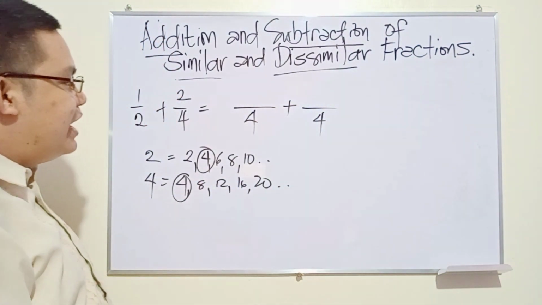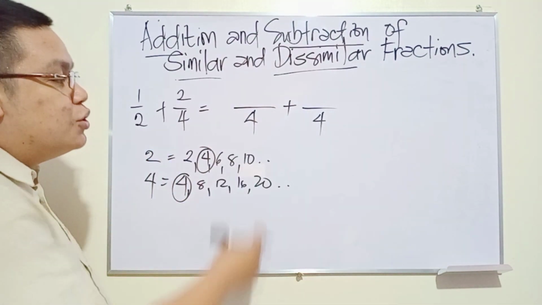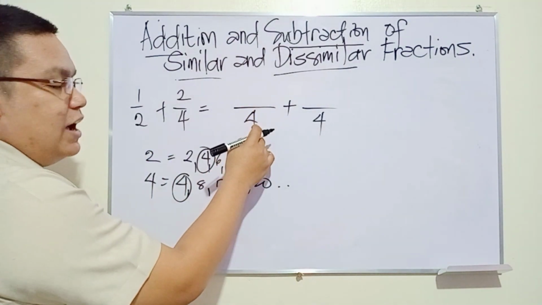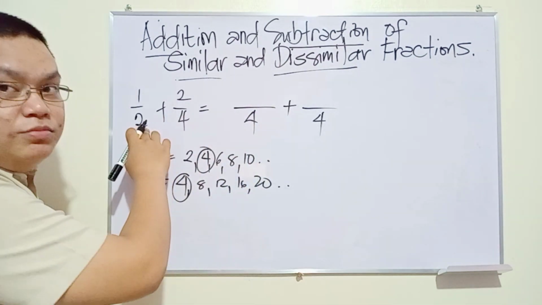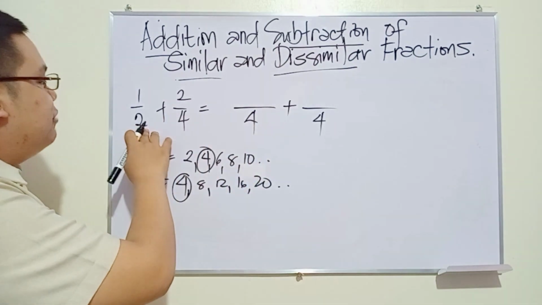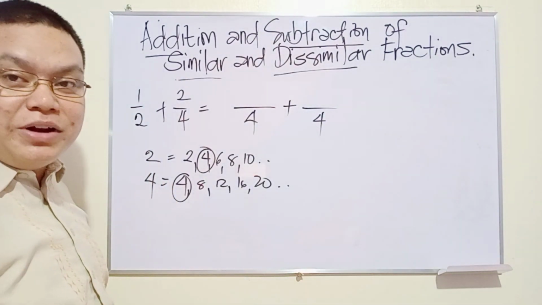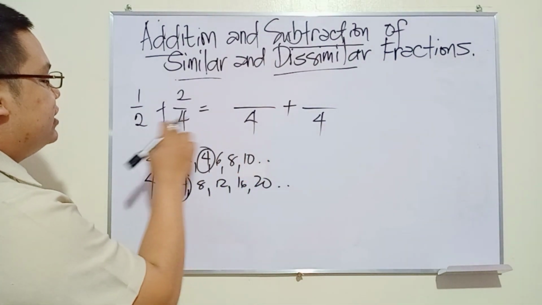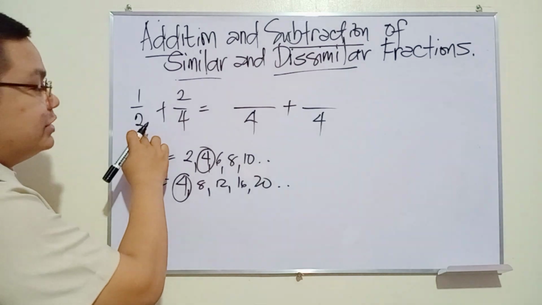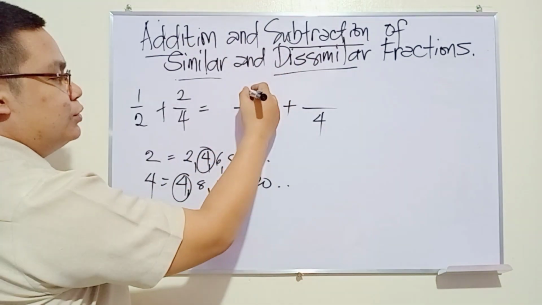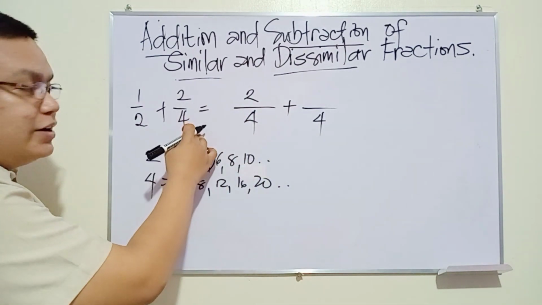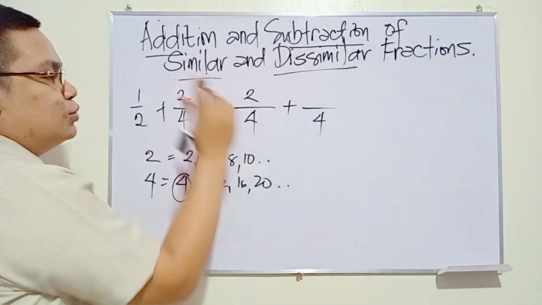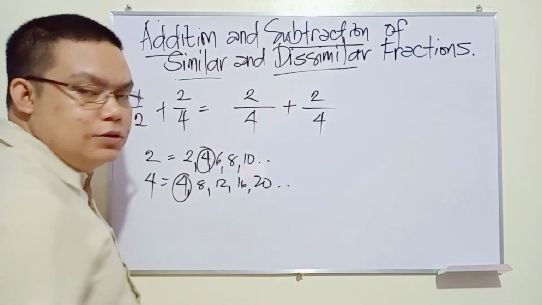Then we're going to rename the fractions by dividing the LCD, which is 4, by the denominator of the fractions and multiplying it by the numerator. So 4 divided by 2 is equal to 2 times 1 is equal to 2. Next, 4 divided by 4 is equal to 1 times 2 is equal to 2.